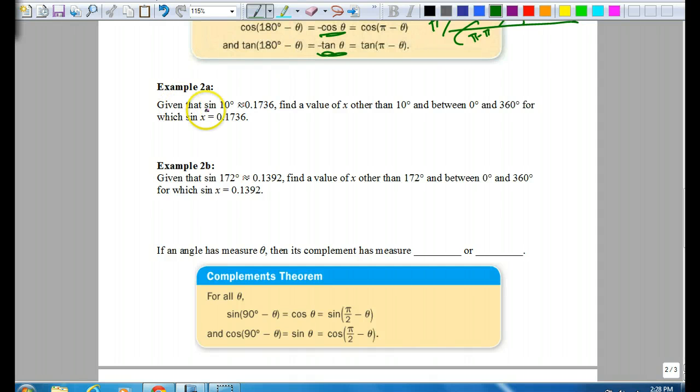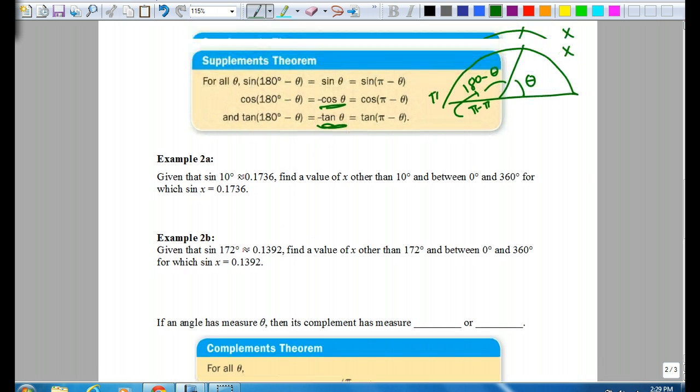It says, given that sine 10 degrees is this, find the value of x other than 10 degrees and between 0 and 360 for the same amount. So in other words, think back about which one of these I can use to find the same value. 180 minus theta is the same as theta on this.